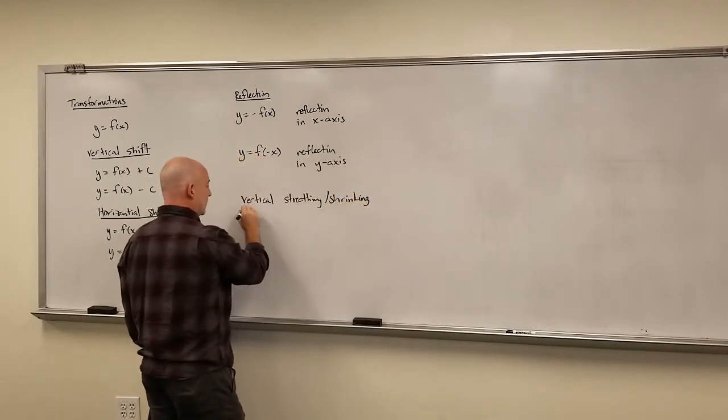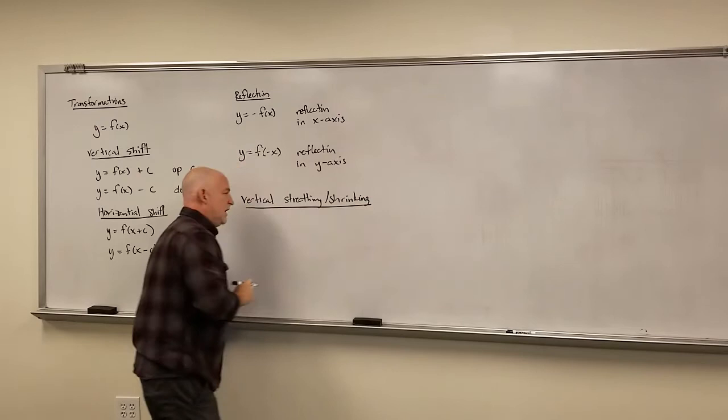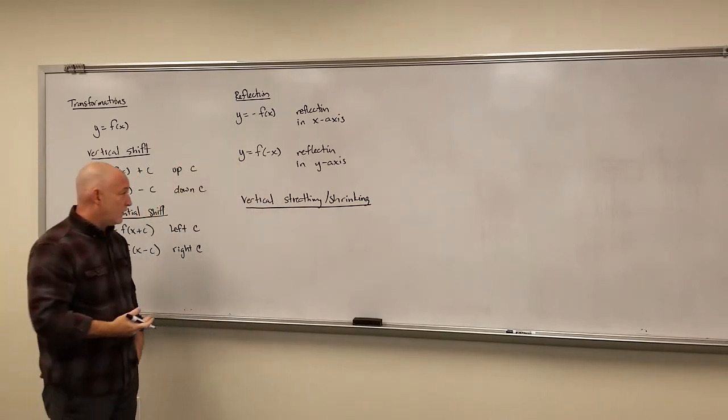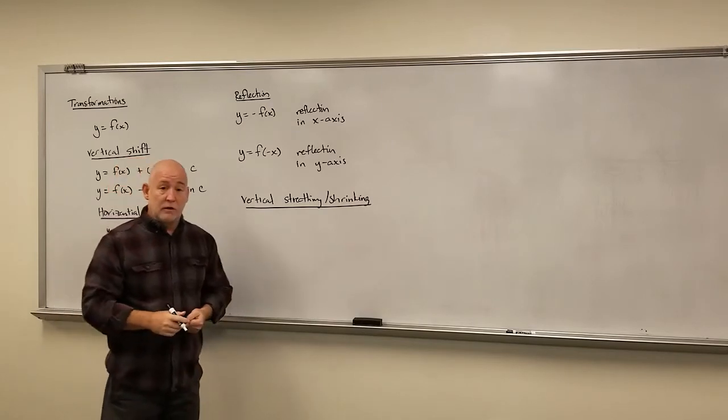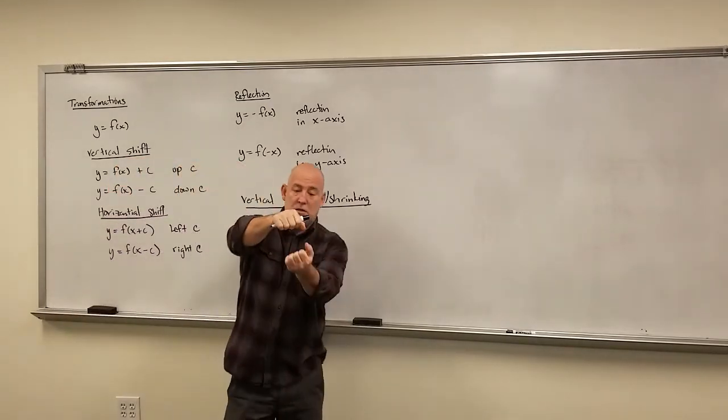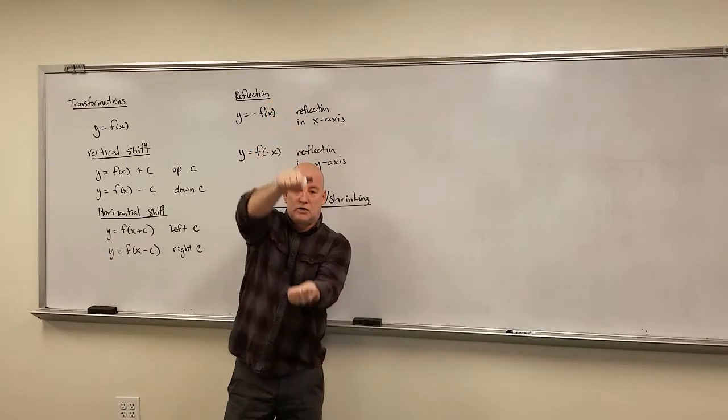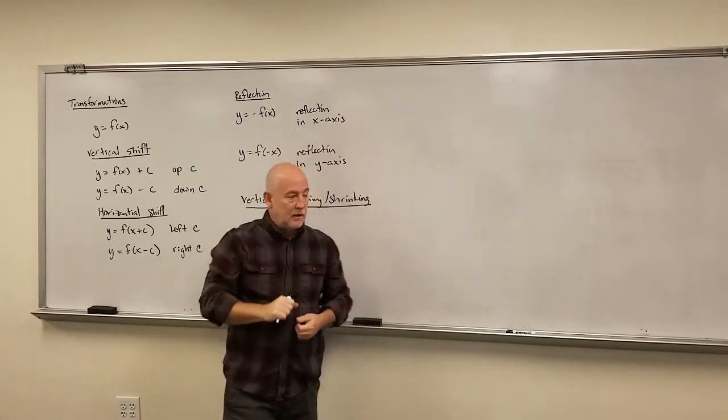Depending on which textbook you happen to be using, they may use slightly different words here. But we can take a graph and stretch it or shrink it vertically. Basically, the idea is if you could take the graph and either stretch it this way or squish it this way, that's what we're talking about.